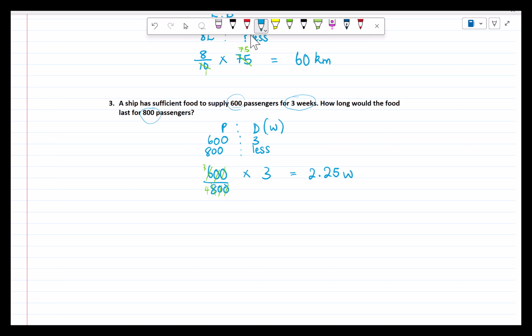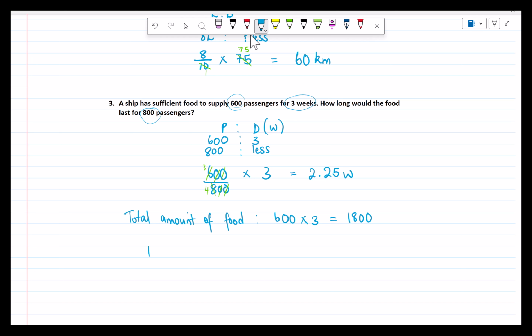However, another way of looking at this: number 1, you find the total amount of food for 600 passengers in 3 weeks. So that would be the total amount of food, that is 600 times 3, and you get 1,800 as the answer. And then the second step would determine how long the food would last for 800 people by dividing the total amount of food by the number of people.